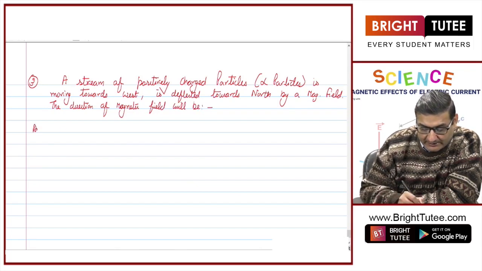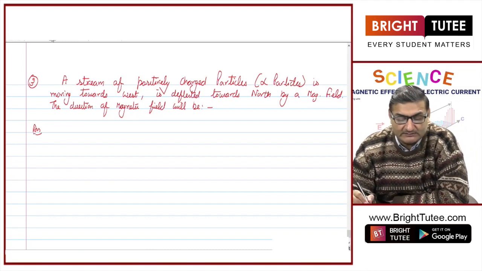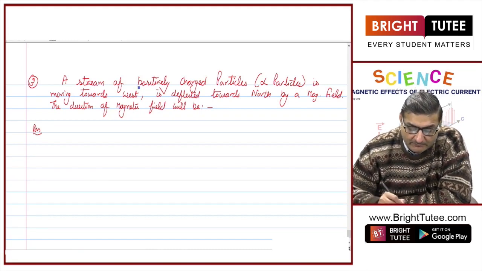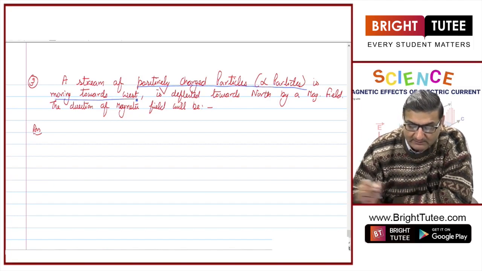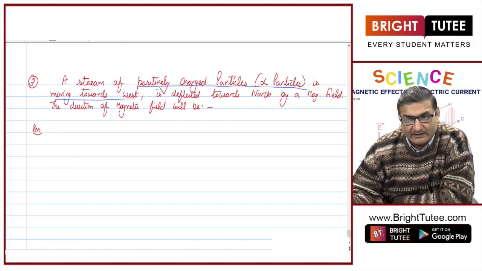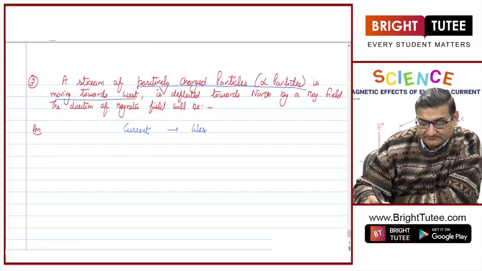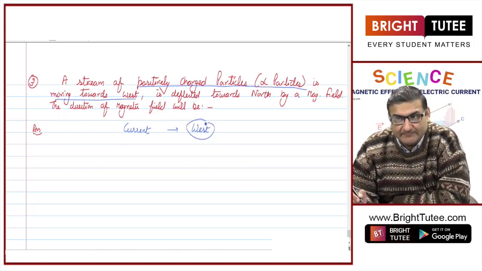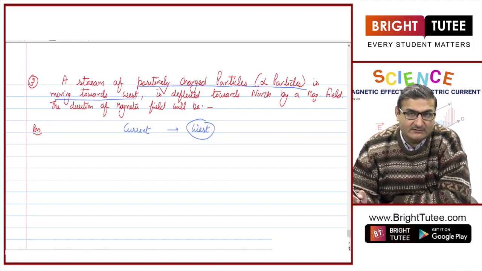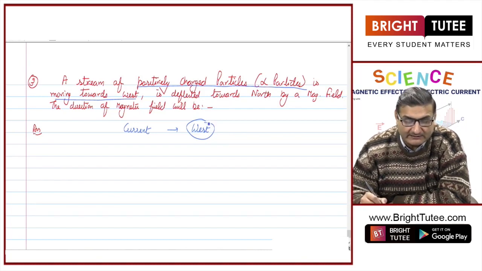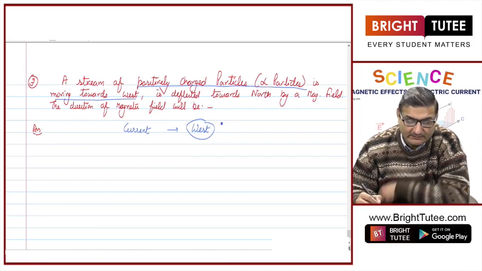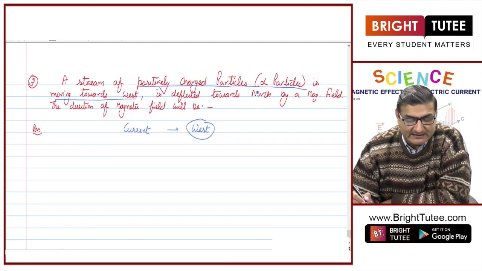Now try to relate what exactly is given to us in the question. A stream of positively charged alpha particles is moving towards west. If it is moving towards west, that means the current is going towards west, because we take the direction of current to be the direction of the alpha particles or the positively charged particles.